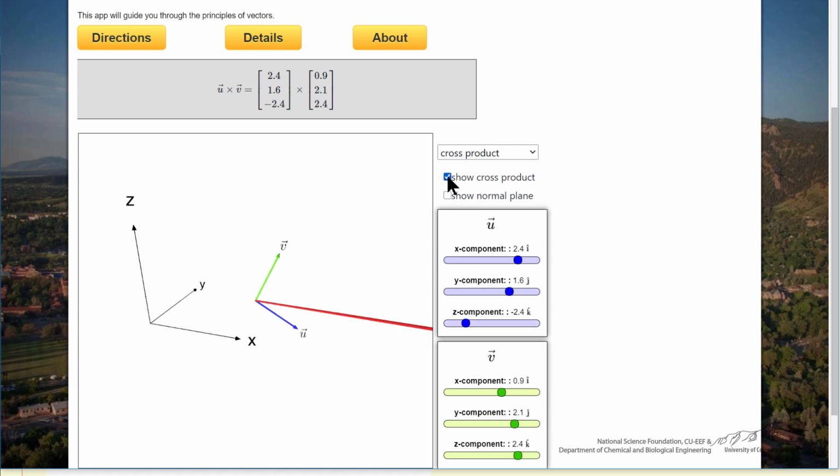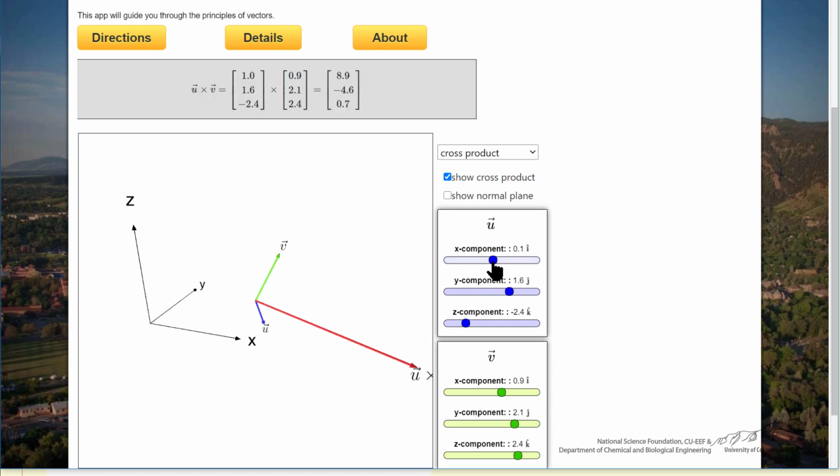And now if I ask it to calculate the cross product, well, this actually goes off scale, so I can make some adjustments to change which vectors.